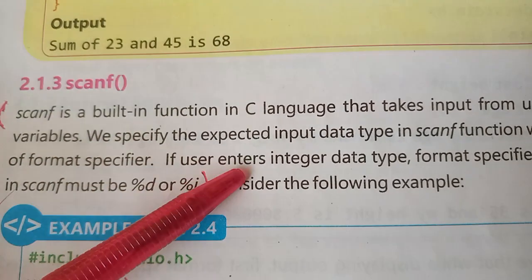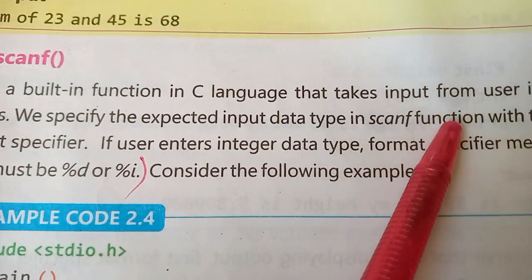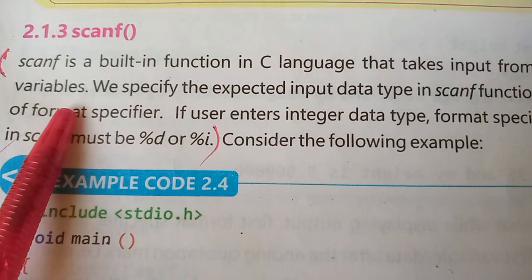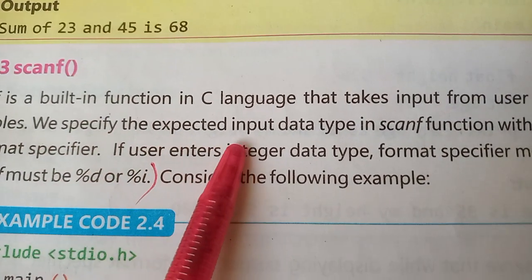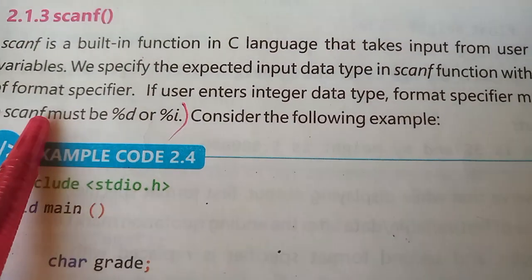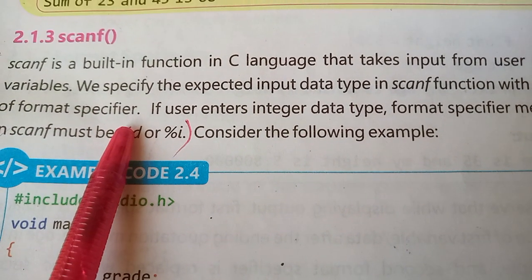Scanf is a built-in function in C language that takes input from the user into the variables. We specify the expected input data type in the scanf function with the help of a format specifier.